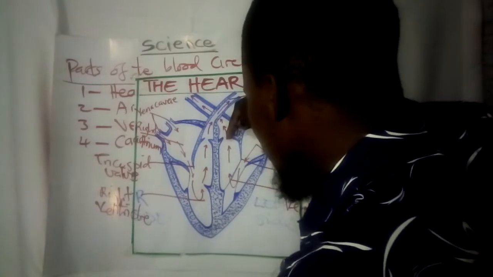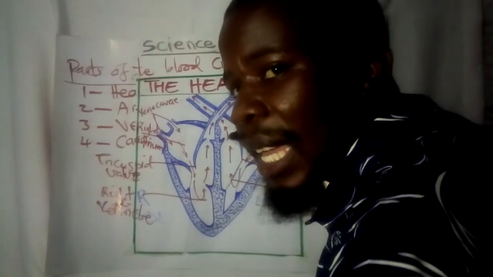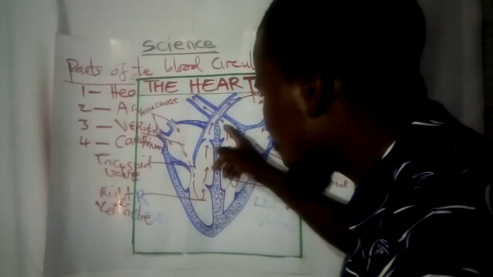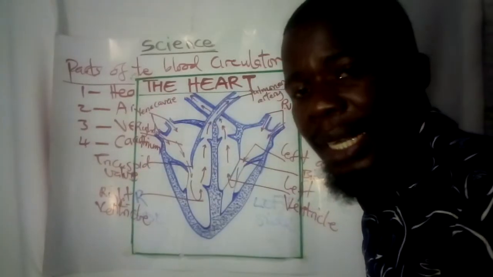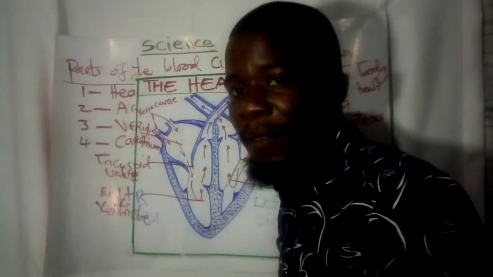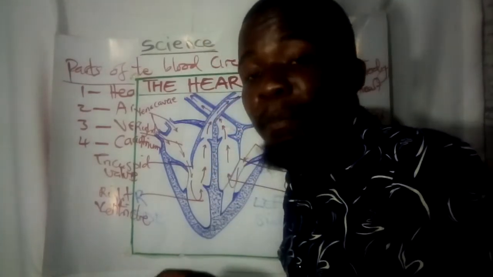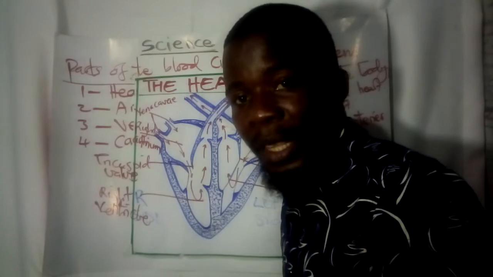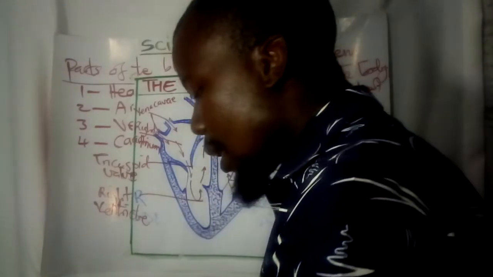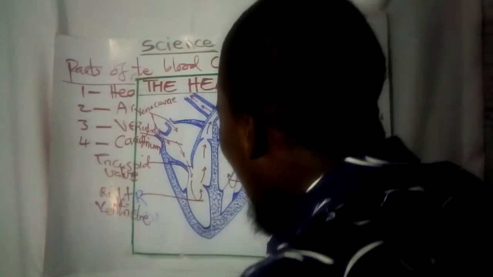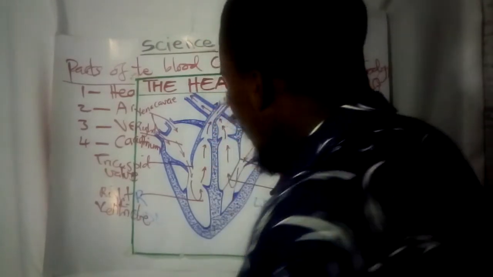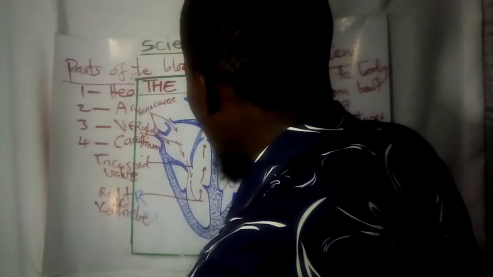So these ones are semilunar valves, and that blood goes out of the heart through the aorta, a very big blood vessel, I'm telling you. So the blood goes out of this heart through the aorta.